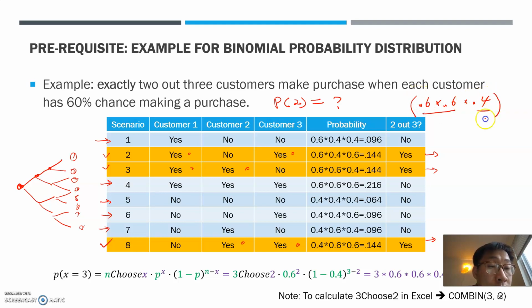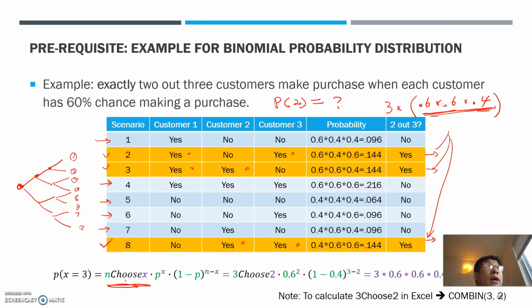However, we have found there are 3 cases this can happen, or the order could be different. But we are actually observing 3 things like this happening in our scenario. So that is the reason why you see this thing right here.